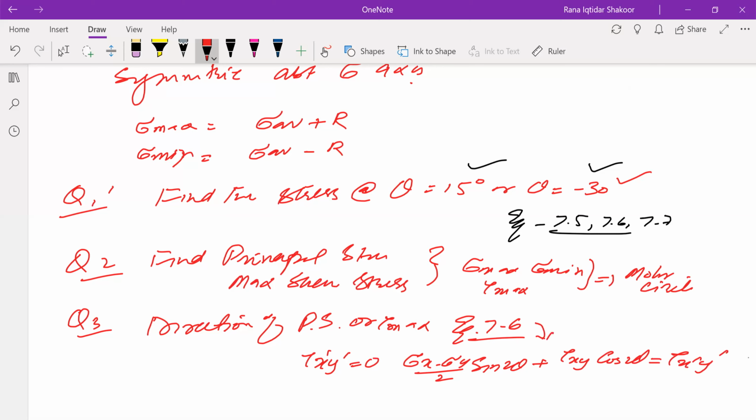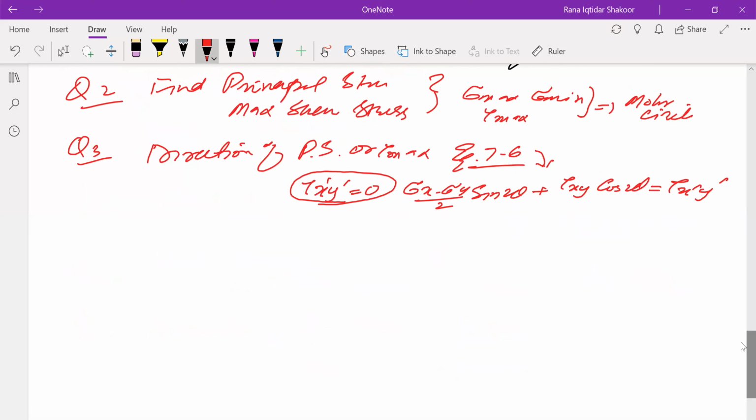When you put this condition equal to 0, you will end up with tan 2 theta equals 2 tau xy over sigma x minus sigma y.